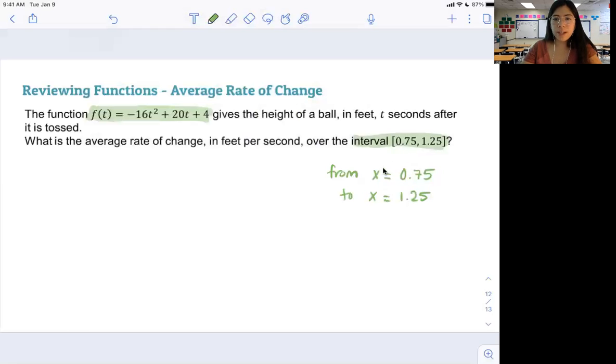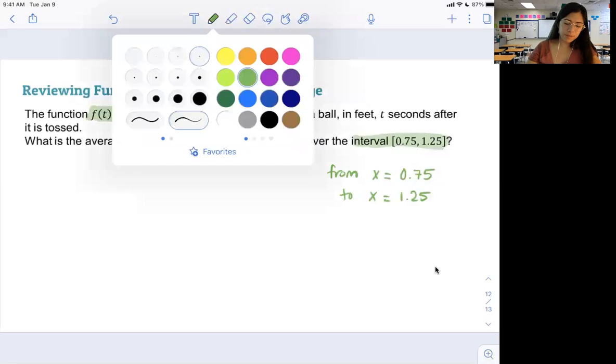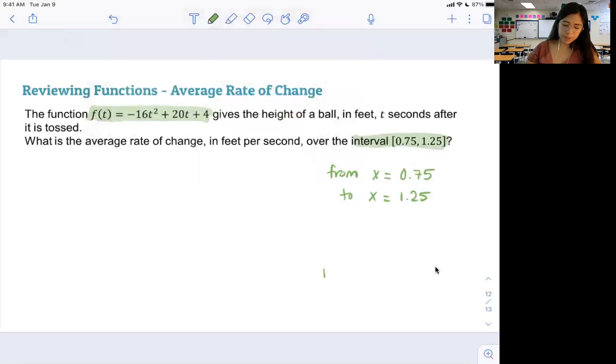So my interval is telling me that I'm going from 0.75 to 1.25. But that's just the x values. Do I know the y values? Because remember, I'm going to need to plug them in. Do I know the y values yet? Read the problem. Does it tell you the y values?